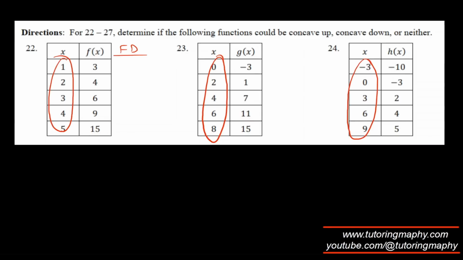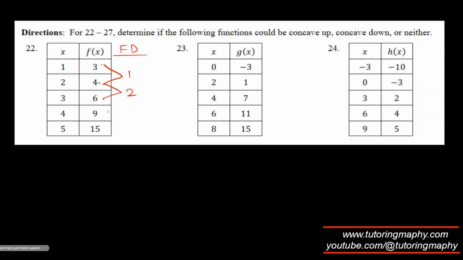And yes, they are: in question 22 it is increasing by 1 unit, in question 23 by 2 units, and in question 24 by 3 units, so all good. To find the first difference, you subtract the y values, final minus initial. So 4 minus 3 is 1, 6 minus 4 is 2, 9 minus 6 is 3, and this is 6.